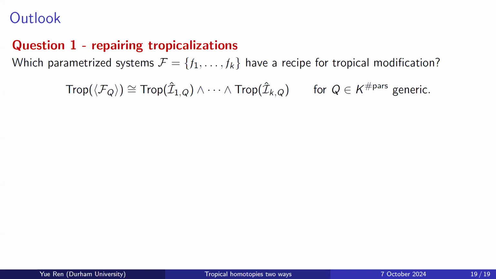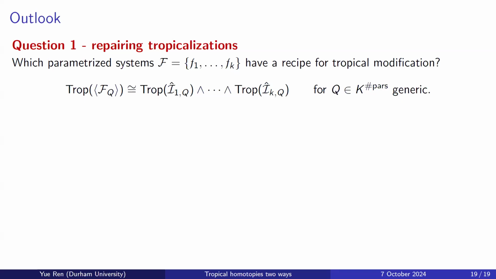So for example, if you have polynomials that have some parameters. These polynomials could describe, let's say, the bitangents of a plane quartic curve. So you have different plane quartic curves, so you have a lot of parameters there. And what Goethe and Markwig showed is that whatever parameters you choose, there's a way to modify it to get a nice, clean tropical picture.